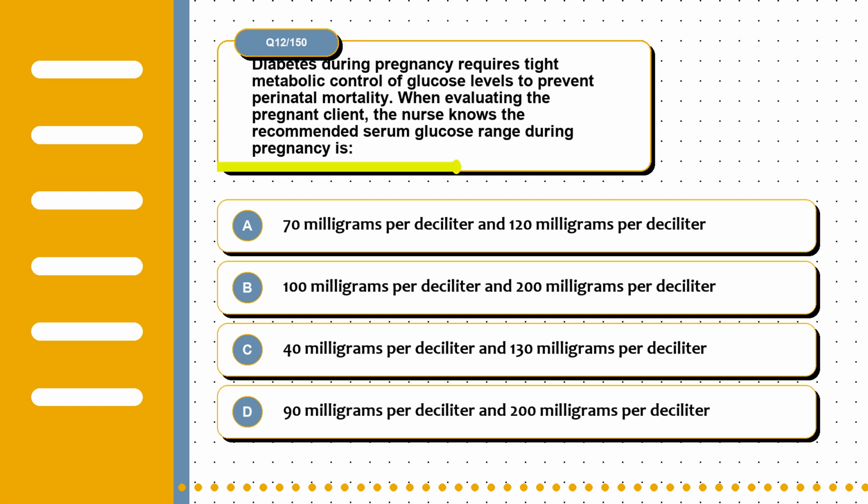Option B. 100 mg per deciliter and 200 mg per deciliter. Option C. 40 mg per deciliter and 130 mg per deciliter. Option D. 90 mg per deciliter and 200 mg per deciliter.